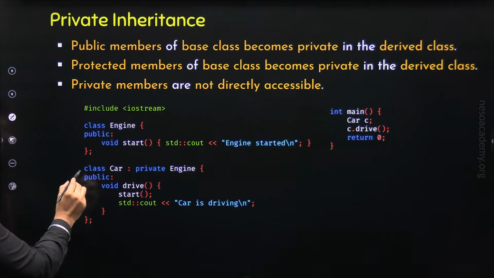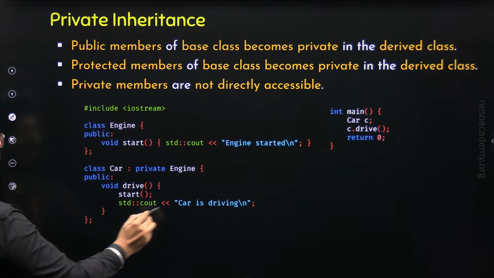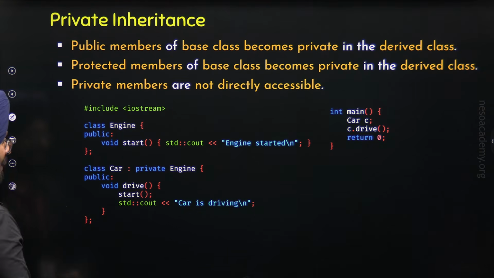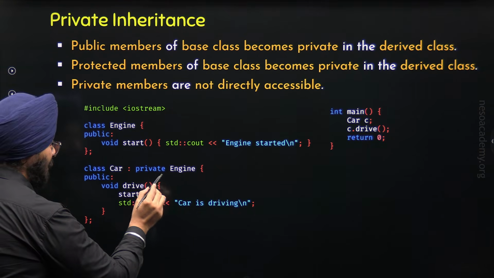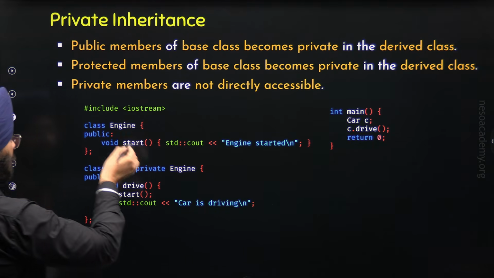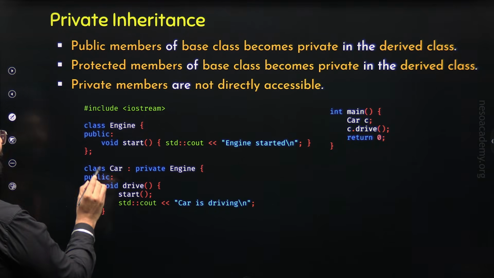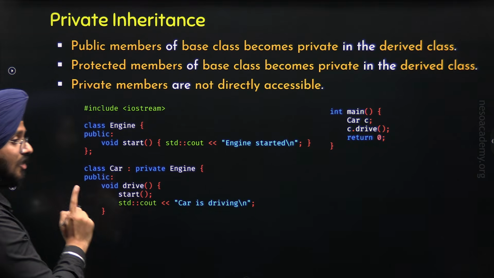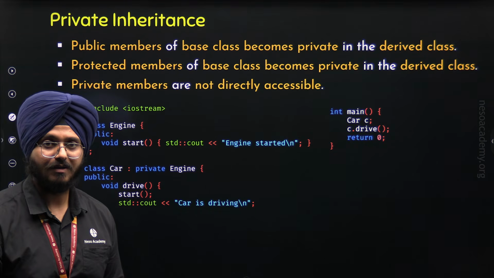Here we have this class car that is inheriting from the class engine. Here we have the private inheritance. Therefore, this public member function becomes the private member function of this class. This is the change we can observe.